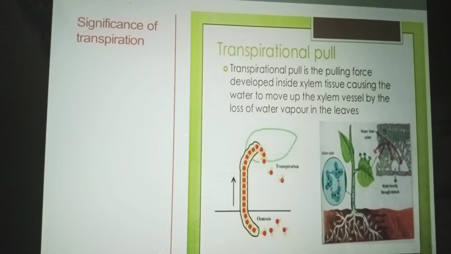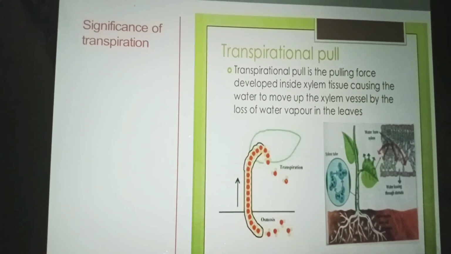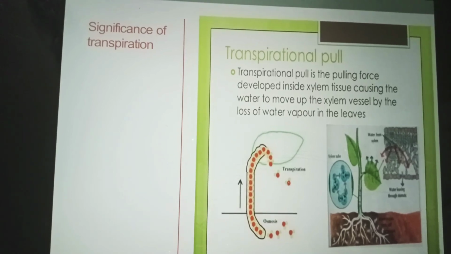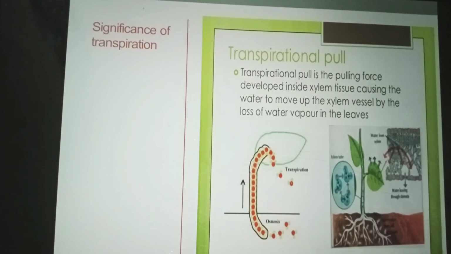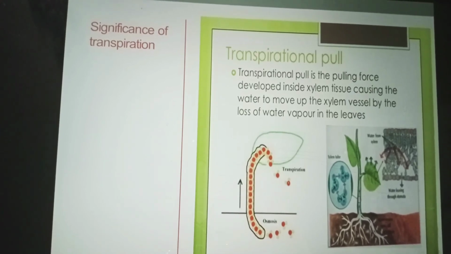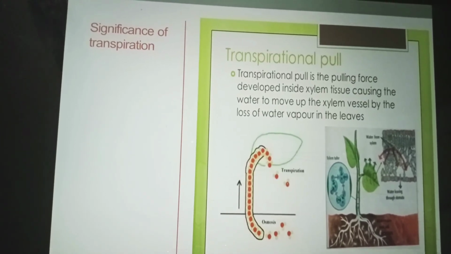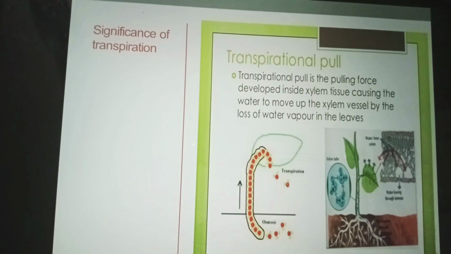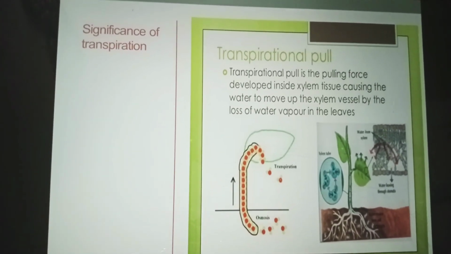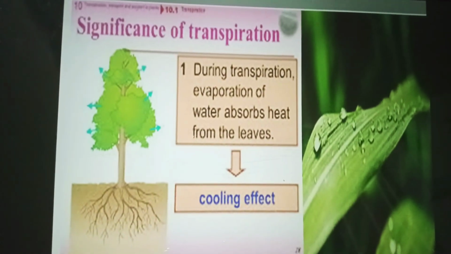On the other hand, transpiration is necessary too. It creates a pulling force called transpiration pull, which is responsible for the conduction of water and salts from roots to the aerial parts of the plant body. When water transpires from the surfaces of plants, it leaves a cooling effect.